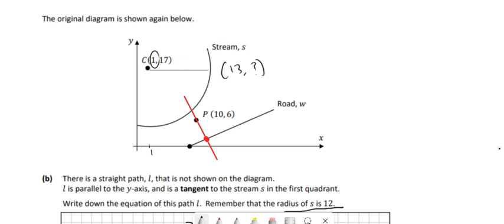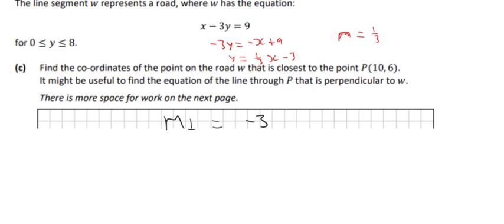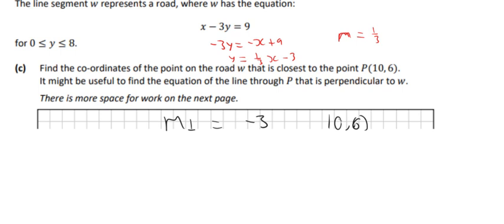Now the point (10, 6) is on that line as well. So that's going to give us the equation of that line. So that would be y minus 6 is equal to minus 3 times x minus 10. So just simplify this a little bit.